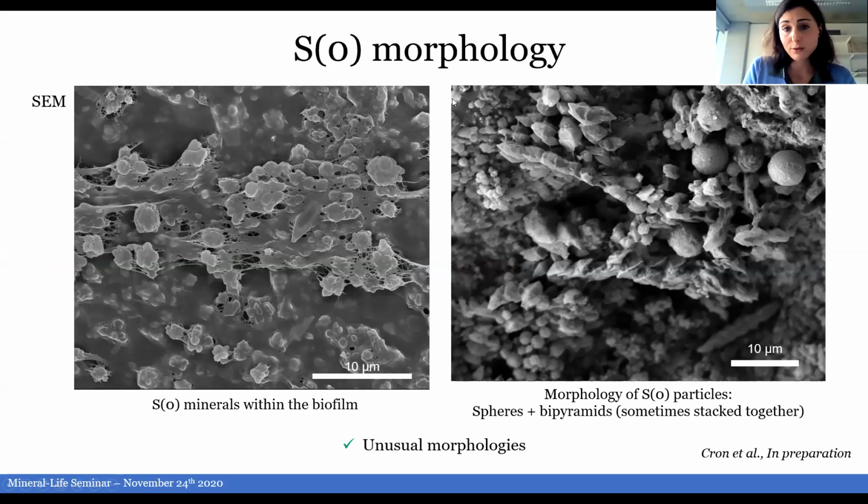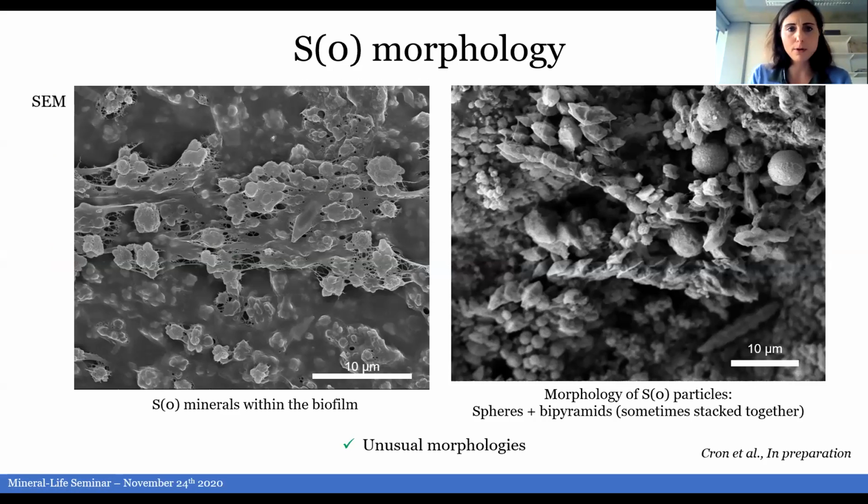So the first thing we can do is put them under SEM. And we can see here these sulfur particles. So the first thing we notice is that they are surrounded by a very abundant polymeric material. You can call it EPS. And the second thing we can notice is the morphology of this sulfur.